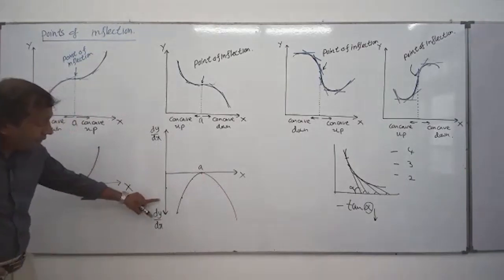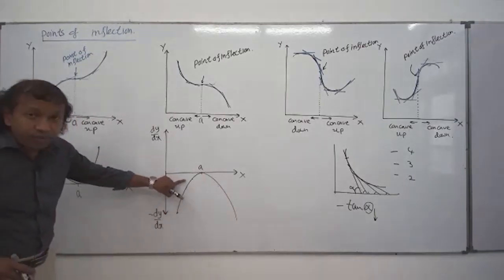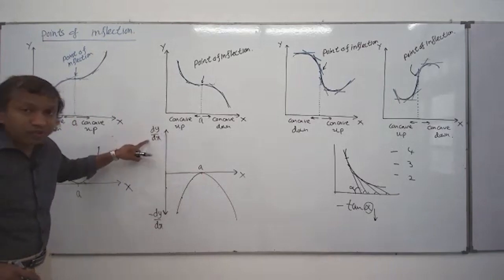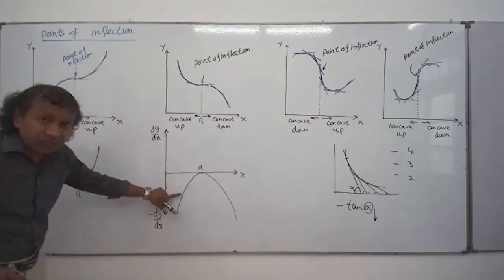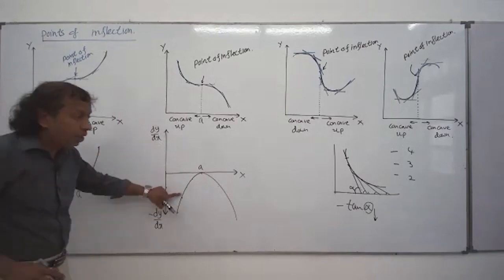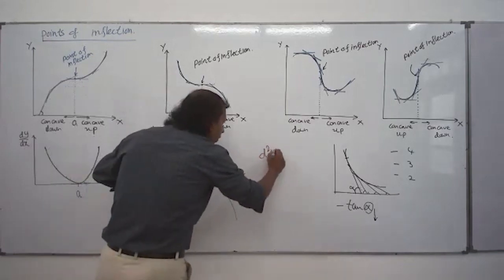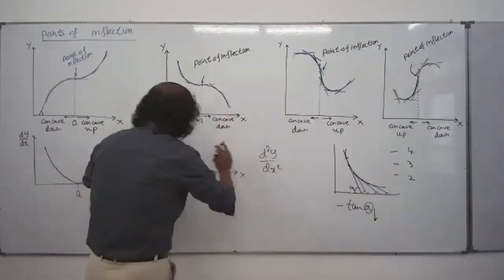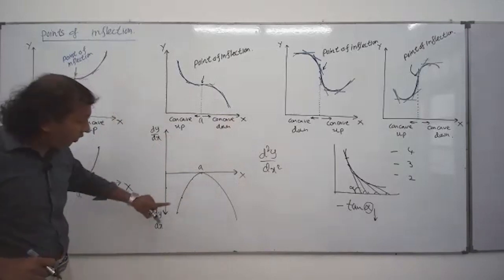People, now, in this graph, to find its gradient, we have to differentiate this. When you differentiate this with respect to x, we get the second derivative. See here, the gradient of this graph is d2y over dx2. We have to differentiate this to find the gradient of this graph.